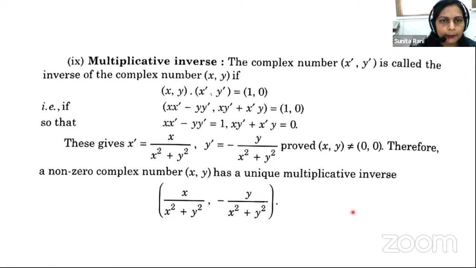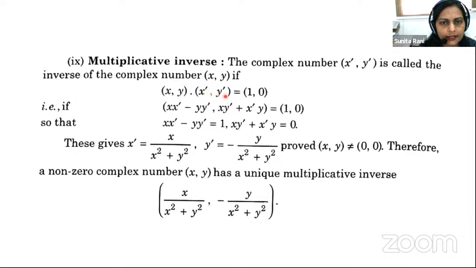Next is multiplicative inverse. If you have a complex number, then you have a multiplicative inverse also. It means we multiply a complex number with its inverse, we get the unit 1. So (x, y) is a complex number. Its inverse is (x dash, y dash).